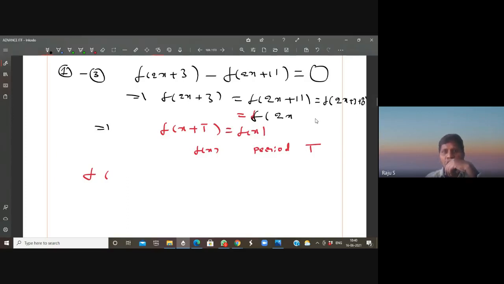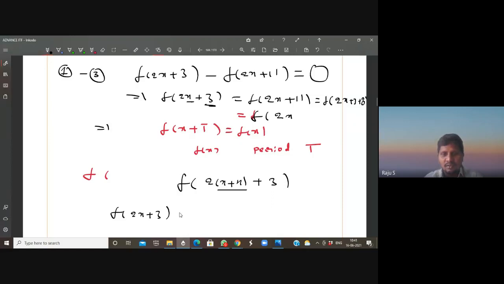But here, the value is not in place of x, you have to check it. F of, shall I write here 2 times of x plus 4 plus 3? Here also we require 3, not 11. Shall I write like this?